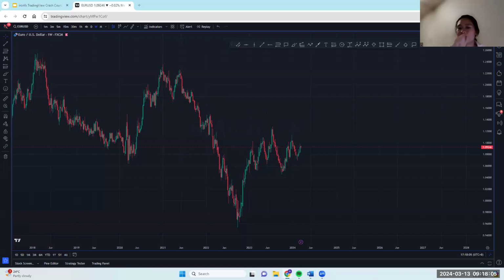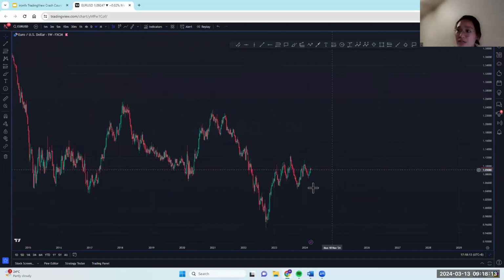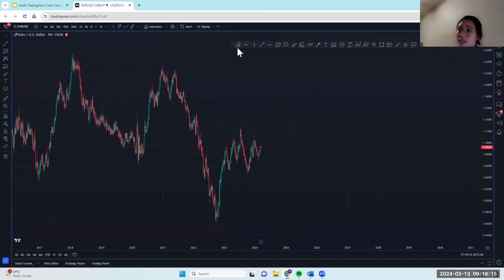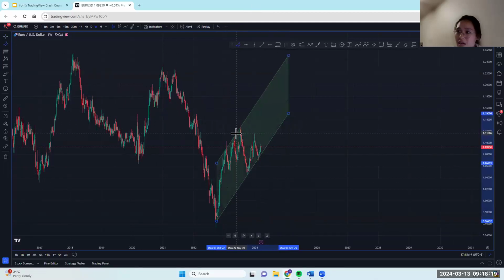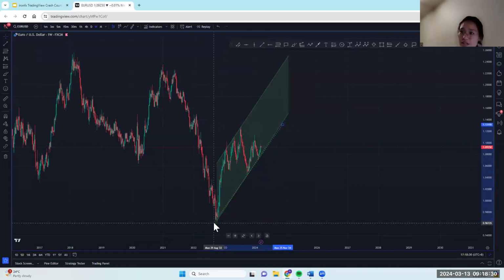On our higher time frame, we see that prices are kind of ranging. Let's see, okay, so we do have this ascending trend channel as well. We also have an ascending trend line here. What makes a valid trend line is if there are at least 3 touches on it.